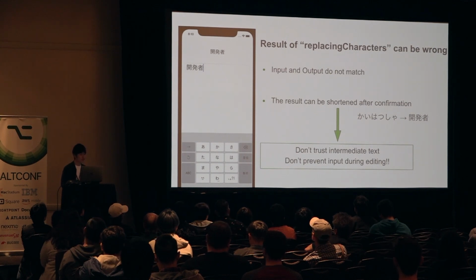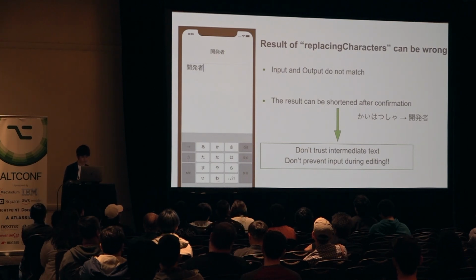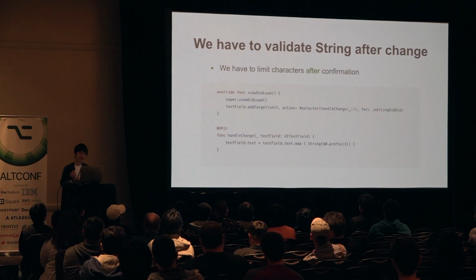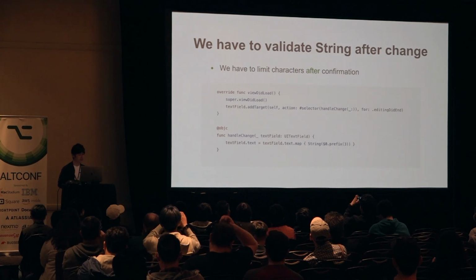This is why we should not prevent inputting during editing. Accordingly, we have to replace the string only after the confirmation. We can handle confirmation using a notification like this.